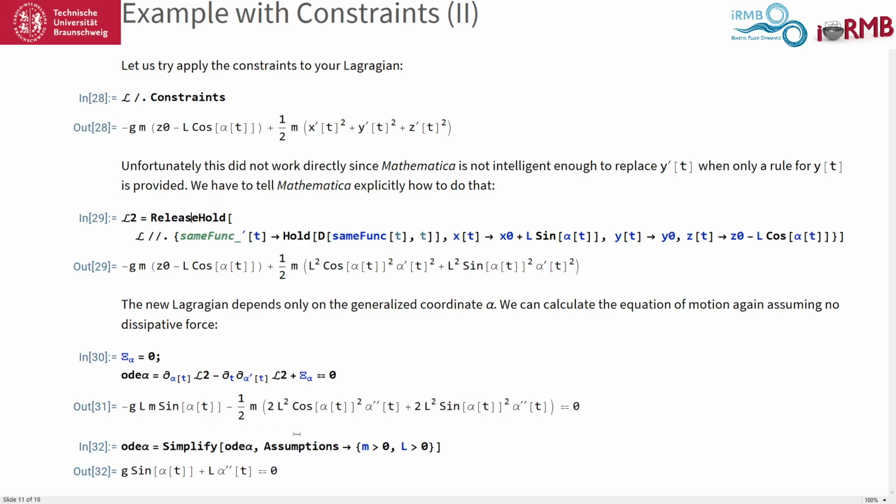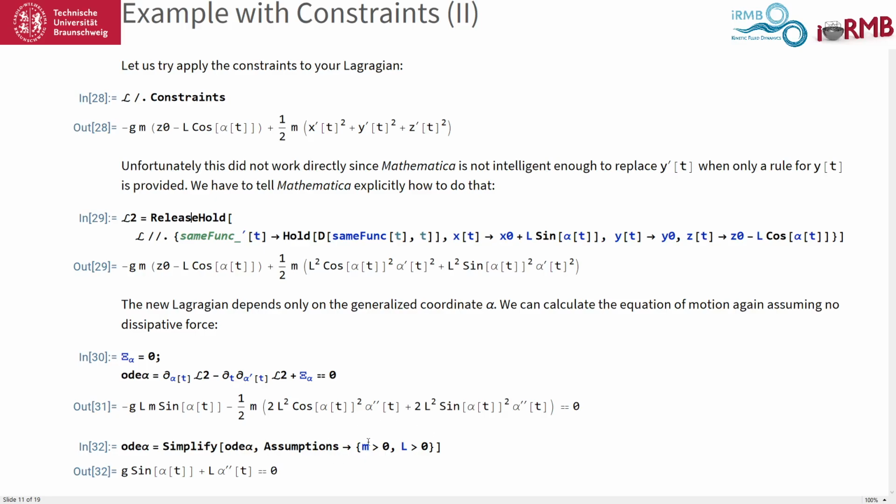This equation here we can also further simplify with some assumptions. For example, it will not divide. You see, there's m on both sides, as in the equation of the pendulum. It will not simplify this away because m could be 0.